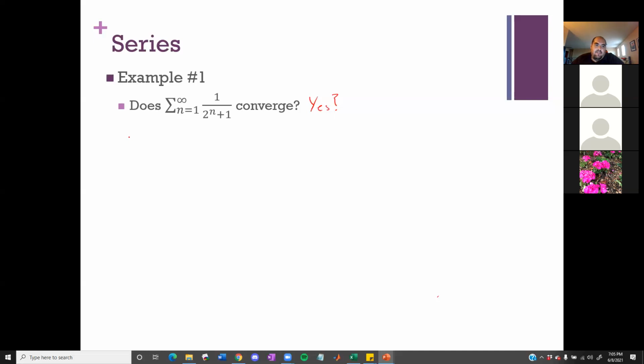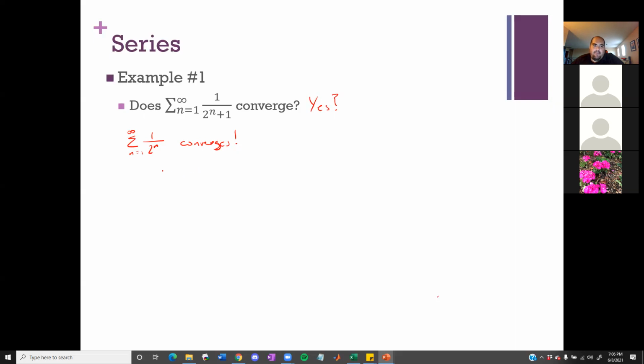Okay, so I'm hoping that I can think of this as 1 over 2 to the n. This definitely converges. How do I know that this thing converges? What's the very quick answer you can give me to prove that you know this converges? Oh, that's just 1 over 2.